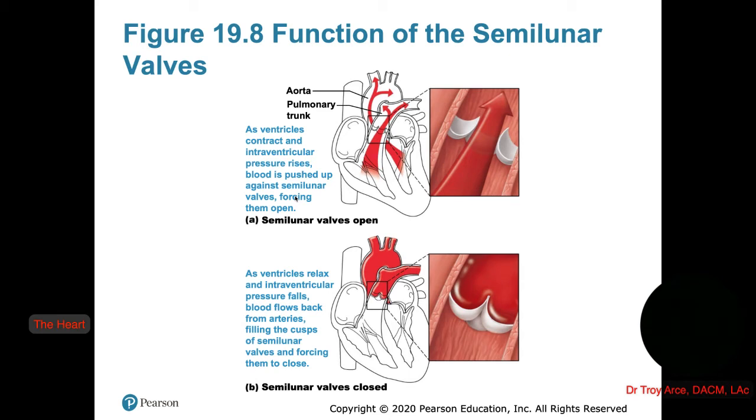It's either going to go into the pulmonary or the aortic circulation. Then as the ventricles relax and the intraventricular pressure falls, the blood flows back from the arteries, filling the cusps of the semilunar valves and forcing them to close.